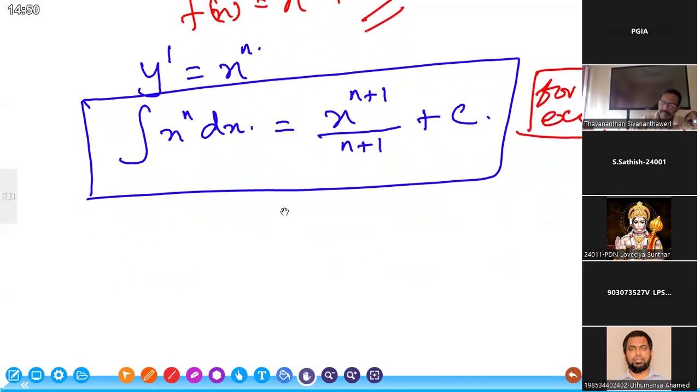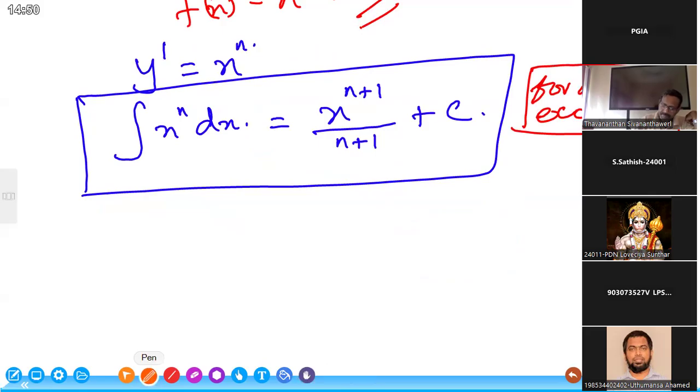For example, integrate the function x to the power 3 dx. If you integrate x to the power 3 dx, what is the answer? Use the rule.